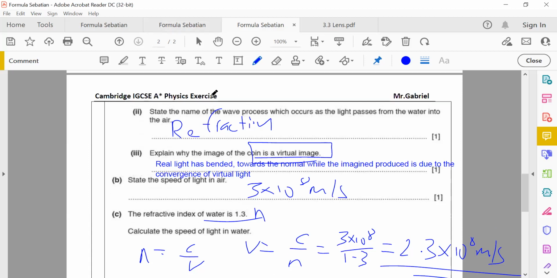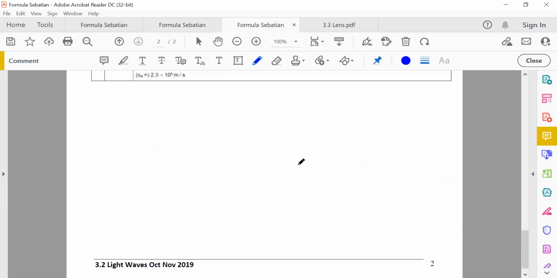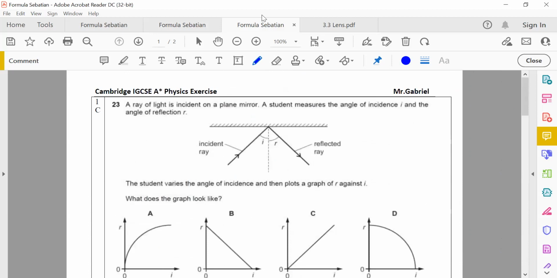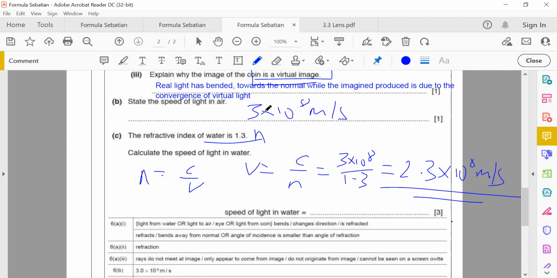Good. 100% absorption rate again. Exactly what I like to see. Yeah, if there's no questions, then let's move on to the next part.